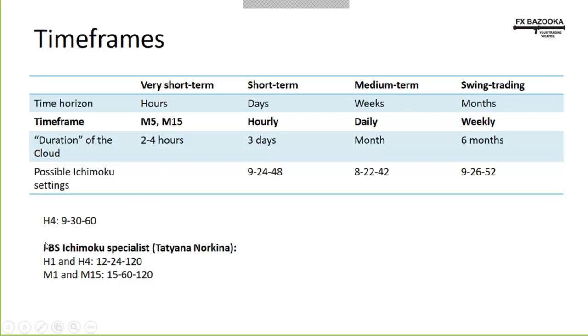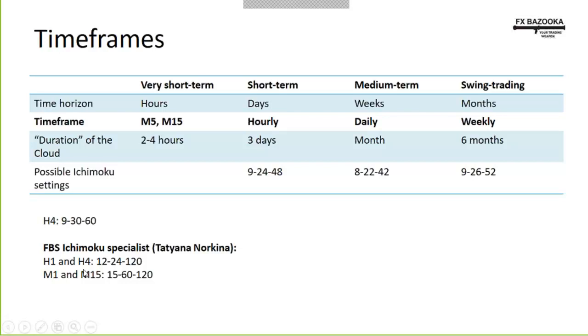And here at the bottom, I have mentioned some other settings for 1-hour and 4-hour chart, and as well for very small time frames from one member of our analytical team who specializes in this Ichimoku indicator. She gives her signals on the basis of these settings, and maybe some of you find this information useful as well.